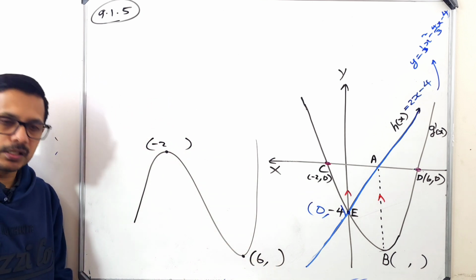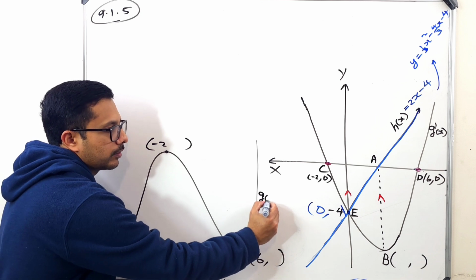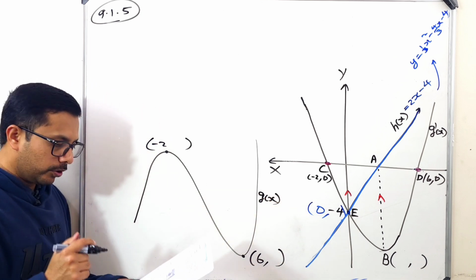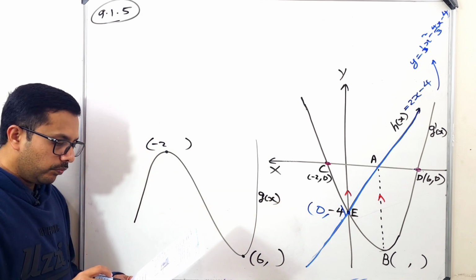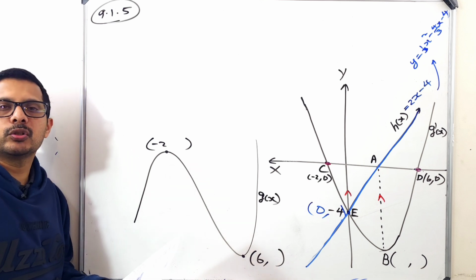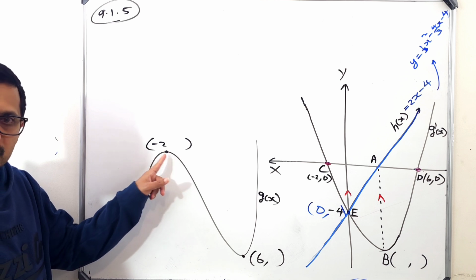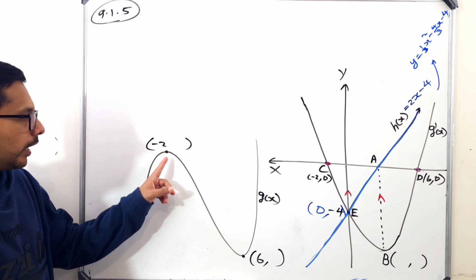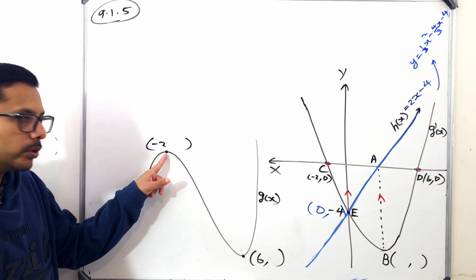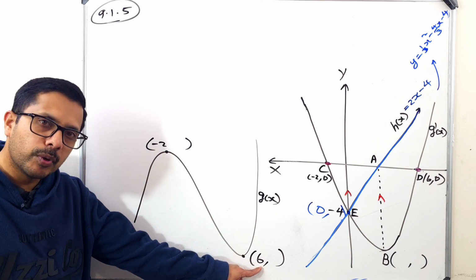And what is our question? This is our g of x. Look at the question: explain why g has a local maximum at x is equal to -2. Why is x equal to -2 the maximum point, or why is x equal to 6 the minimum point?